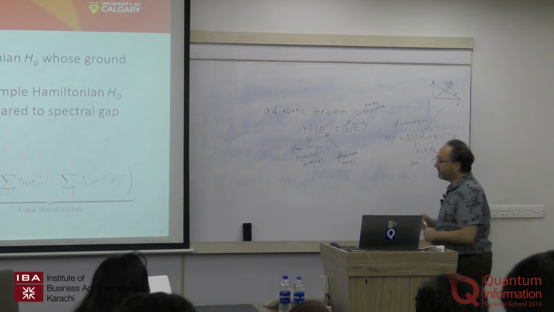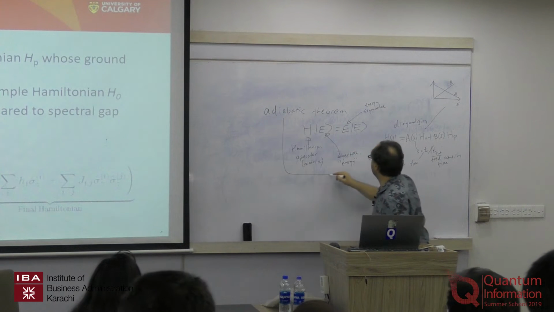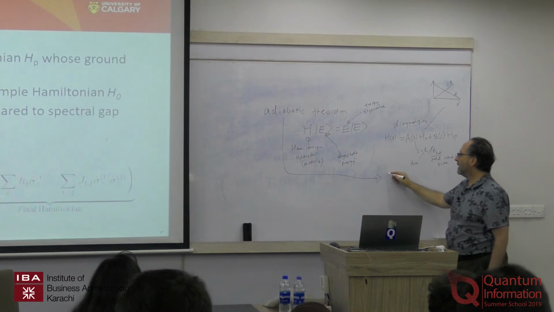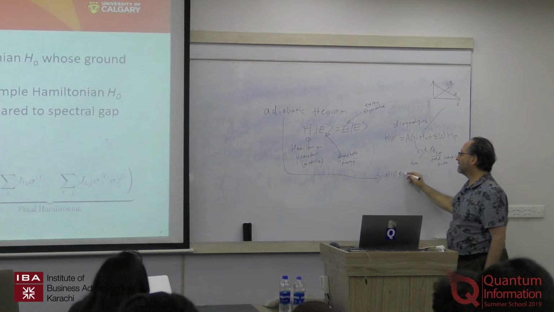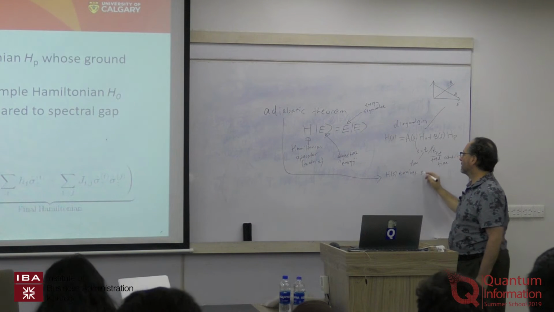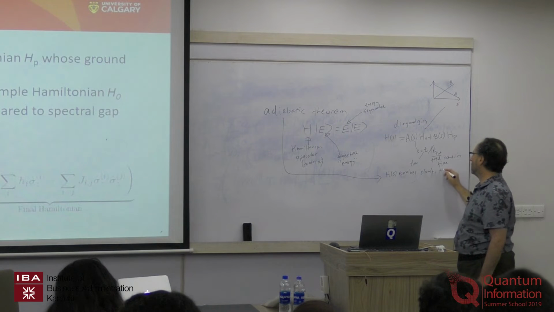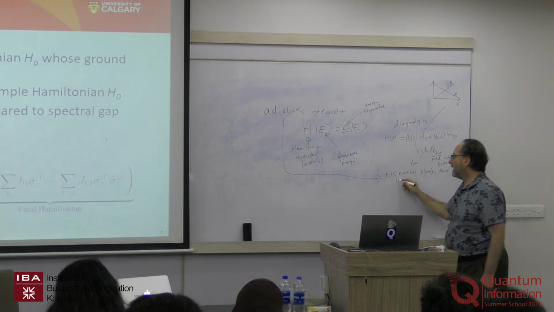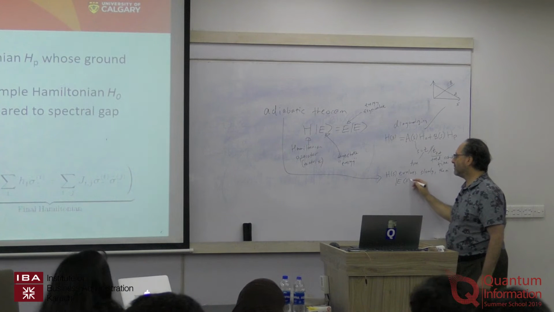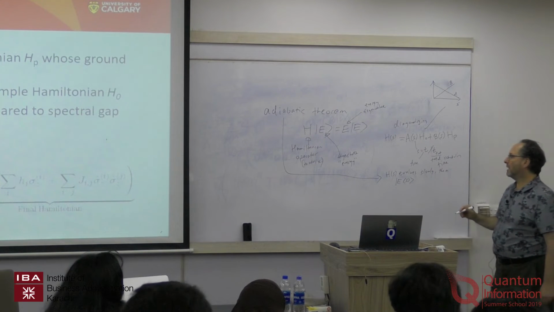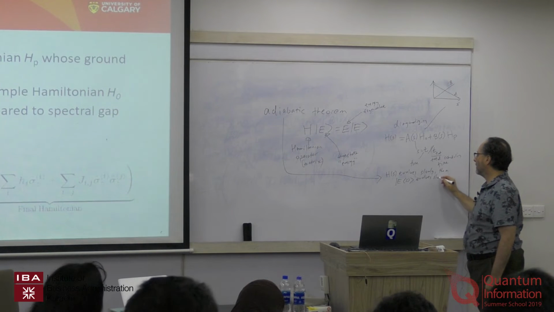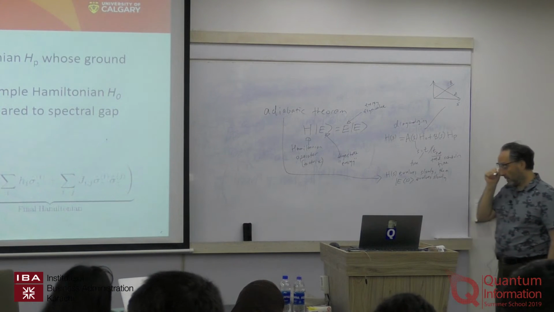Now, the Adiabatic Theorem tells us the following. It tells us that if H of S evolves slowly, then, and we have to be careful here, the eigenstate, which is now time dependent, evolves slowly.